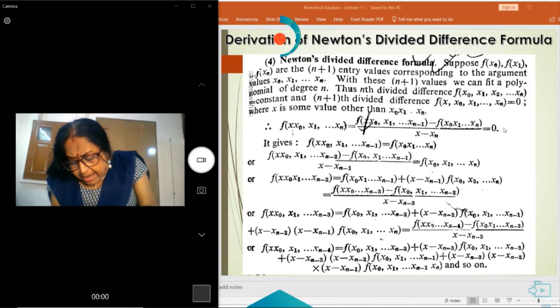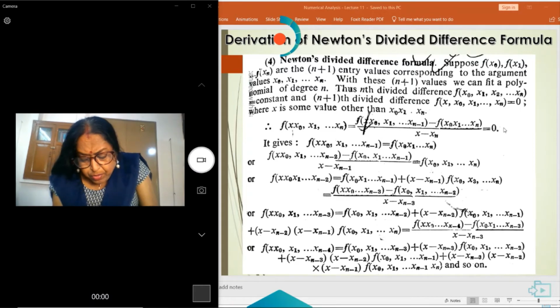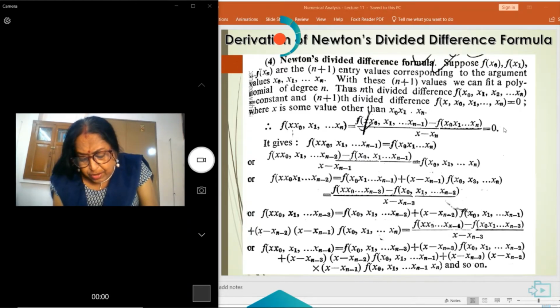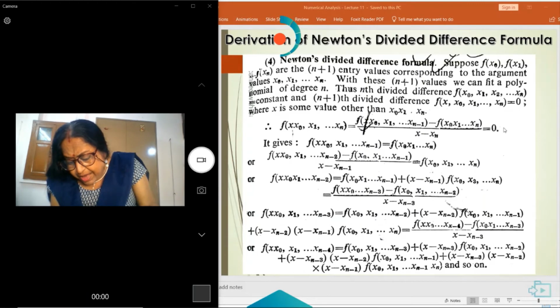Similarly, f(x, x0, x1 up to xn minus 2) can be written as f starting from x, x0 up to xn minus 3, minus f starting from the next, that is x0, x1 up to the last value xn minus 2, divided by x minus xn minus 2, and that is equal to the right hand side value.